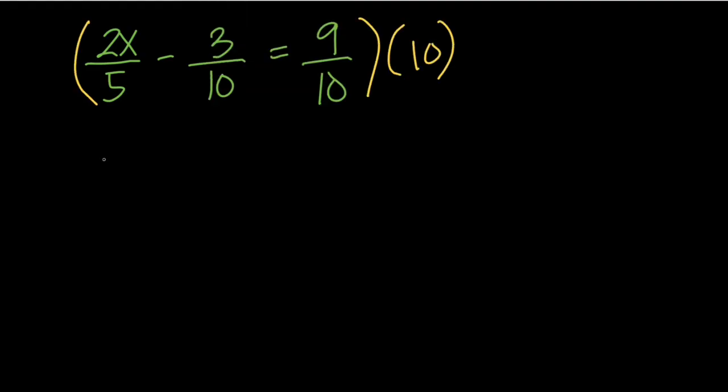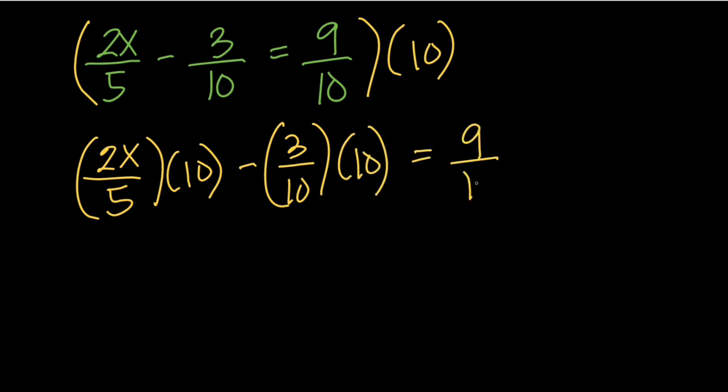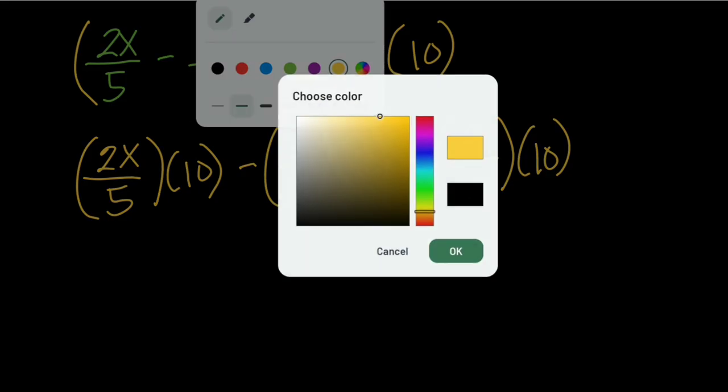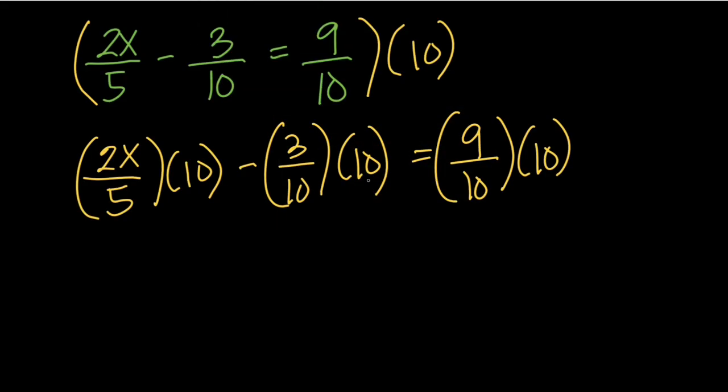So this would become 2x over 5 times 10 minus 3 over 10 times 10 equals 9 over 10 times 10. So you just have to multiply each of the expressions or terms. Then this one cancels out.